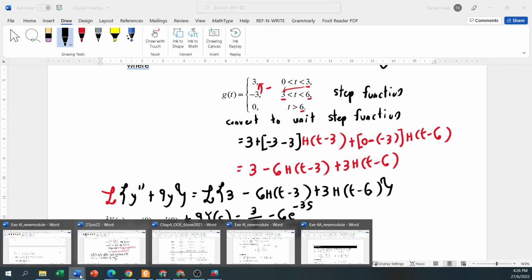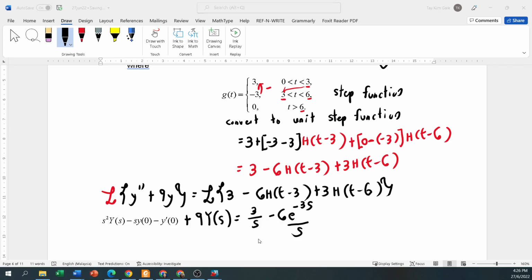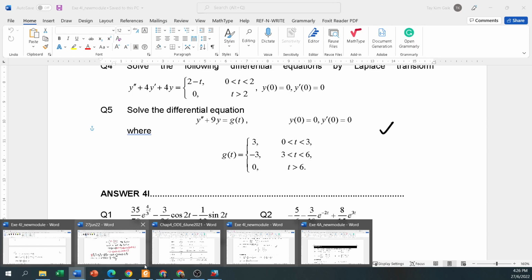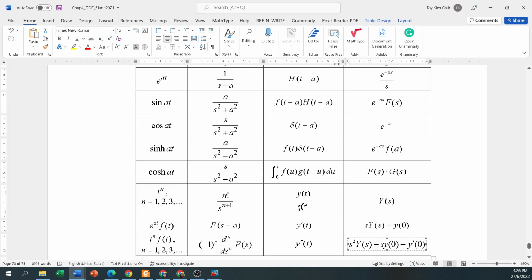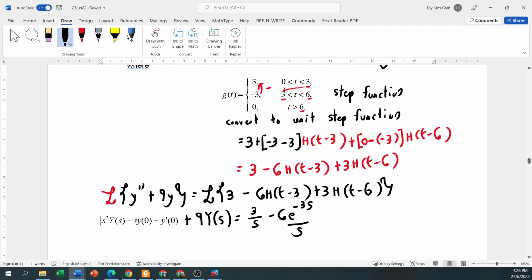If you're not sure, refer back to the table of Laplace transforms: h(t minus a), replace a by 3, so exponent negative 3s over s. It's very important you get the correct Laplace transform, because if you are wrong at g(t), then the Laplace transform is wrong. Even if this one is correct but you take the wrong Laplace transform, later when you do the inverse, the answer will be wrong also.